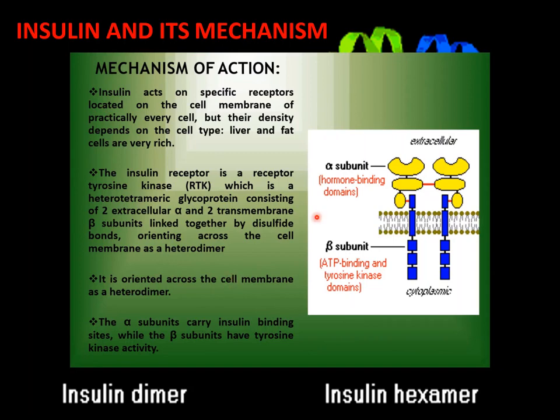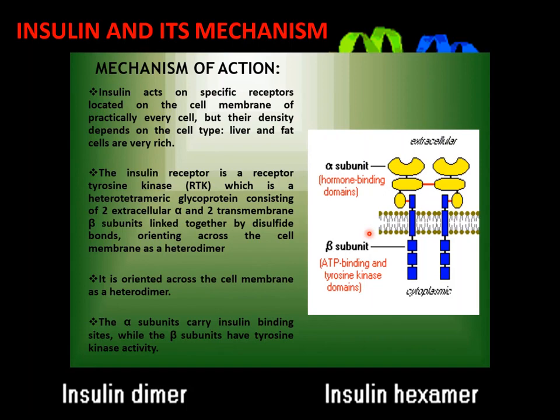The insulin receptor is a receptor tyrosine kinase. It is a heterotetrameric glycoprotein consisting of two extracellular alpha subunits and two transmembrane beta subunits linked together by disulfide bridges.